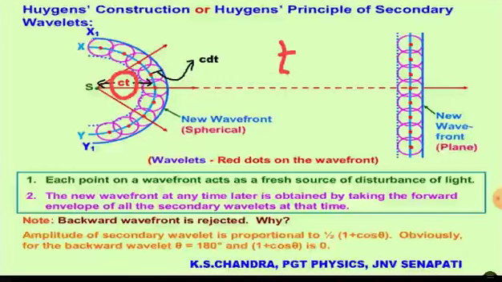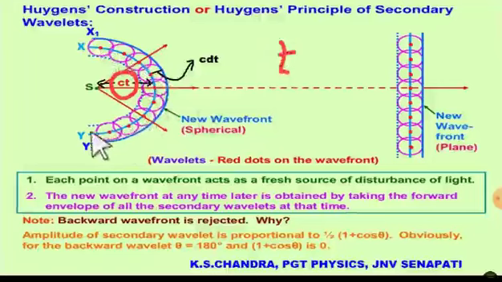So these points somewhere here shown with the red line are all the points of the light wave at this time t. It will reach from this source up to here at the same time. That means at any instant of time small t, the light wave will reach simultaneously at these points.